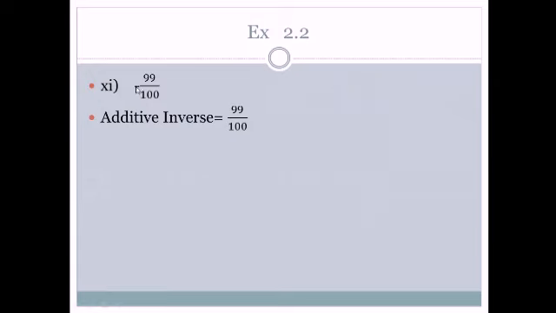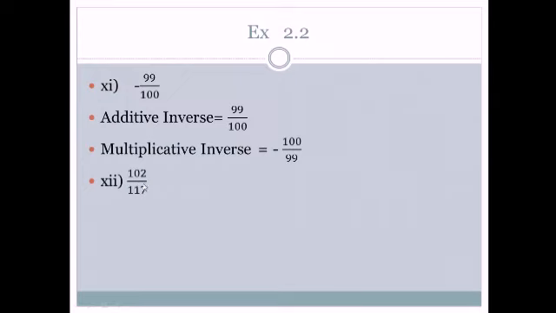In multiplicative inverse, the same minus sign stays, 100 will go in the numerator and 99 will come in the denominator. Minus 100 over 99 is its multiplicative inverse. Come to the next part, 102 divided by 117.